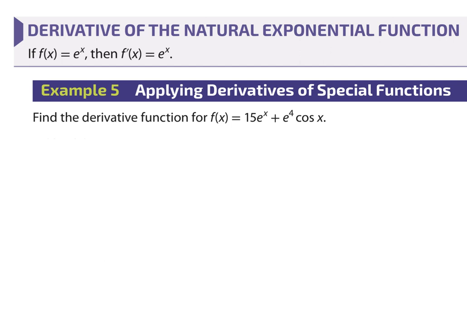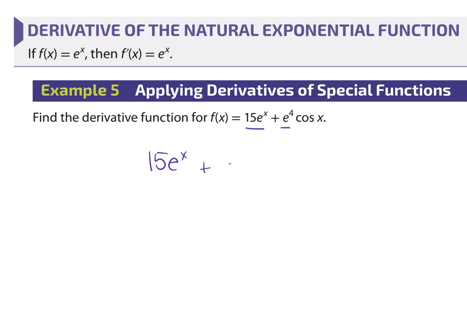So you'll notice here in this example that they have e to the x, which is going to require a derivative, and then they have e to the fourth, which is just a coefficient, okay? So don't confuse them. Don't repeat it when it is a constant. So in this case, I'm literally just saying, okay, well, the derivative of 15 e to the x is just 15, the constant, times the derivative of e to the x. So this piece is just going to look like that. All right. And then here, this is a coefficient.